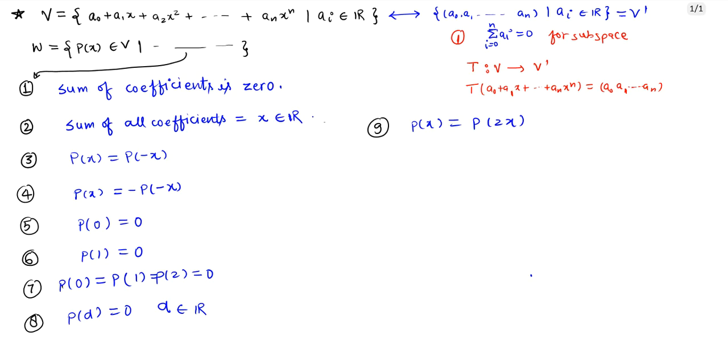No, sorry. P of x is equal to p of 2x, or we also write p of x minus p of 2x, that is equal to 0. हाँ, तो ये सब स्पेसेस बनेंगे ना? तो इस तरह से मल्टीपल सब स्पेसेस पॉसिबल हैं. और भी कोई पॉसिबल बता सकते हैं आप लोग?